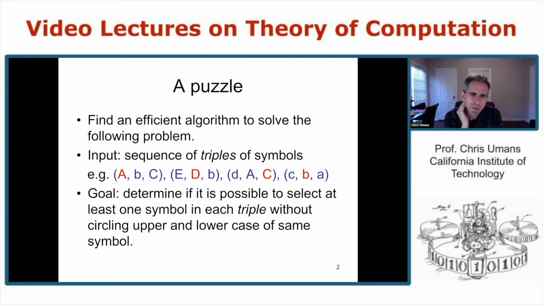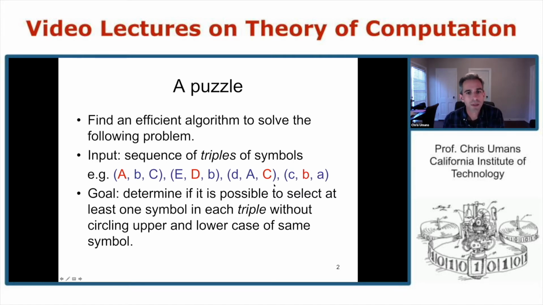Many of you might start to think about something like branch and bound, where you maybe choose one thing in the first triple, and then you go down the line and keep choosing the first one that's available to you until you see that one's not available, and so you have to backtrack and try something different. And if you play around with this a little bit, you'll find that there are lots of different approaches you can imagine that all seem to take exponential time. So the challenge is, can you find something that takes polynomial time for this?